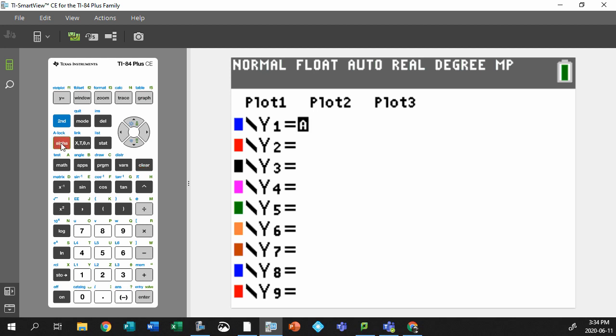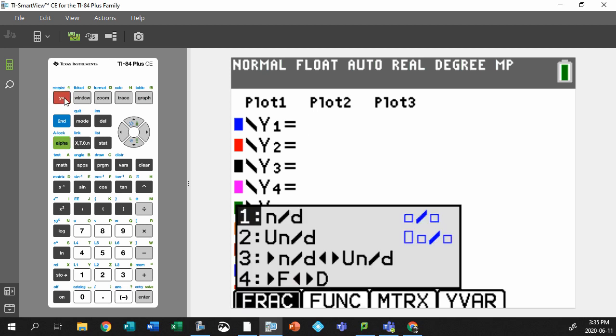Well, if you hit the button alpha, this brings up all of these values right here, F1, F2, F3, F4, F5. The F stands for function, and no, it's not the same function as what we're figuring out here. But what's really neat is if you hit alpha 1, look what comes up. It says n over d, which is numerator over denominator.